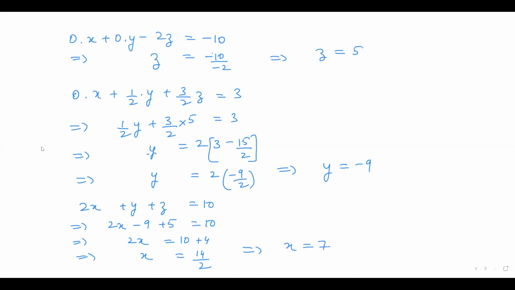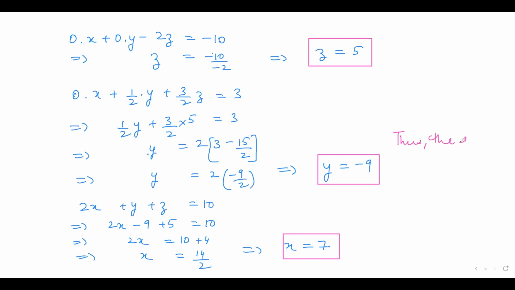So here I get all the values, that is the solution of the system of equations. I am getting my x, y, z as 7, minus 9 and 5 respectively. Also, you can write in the end, thus the solution is capital X, first x, then y, then z. So this is my final answer.